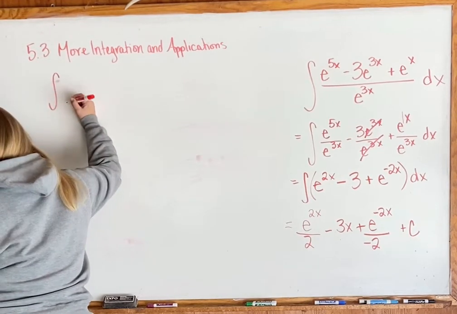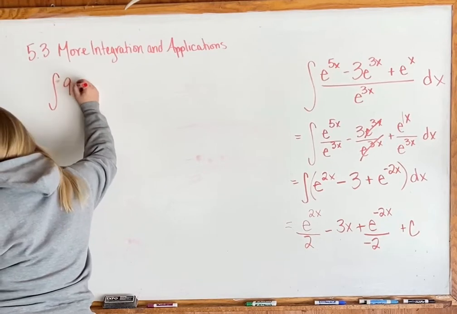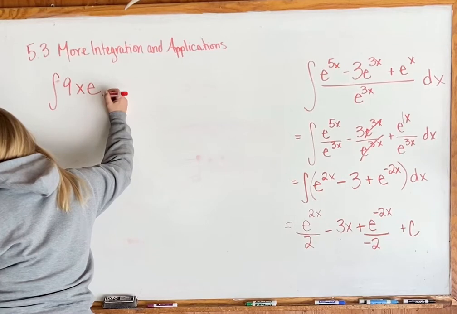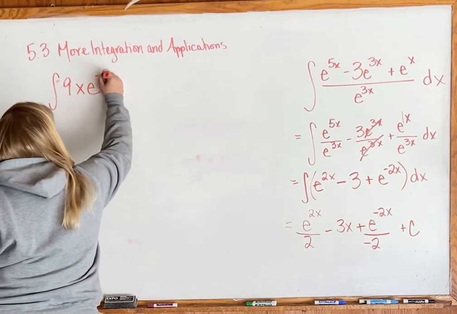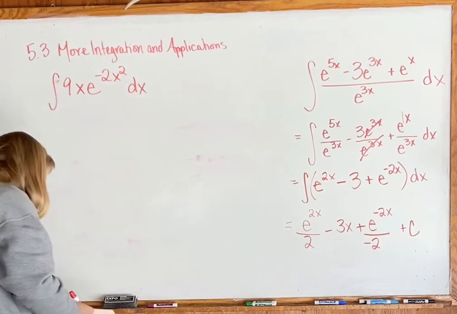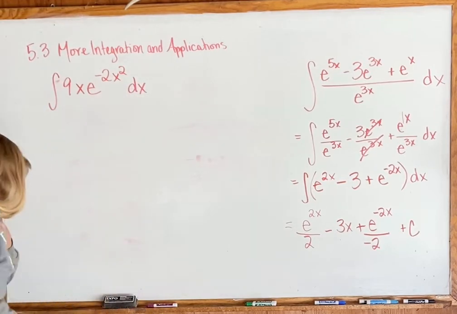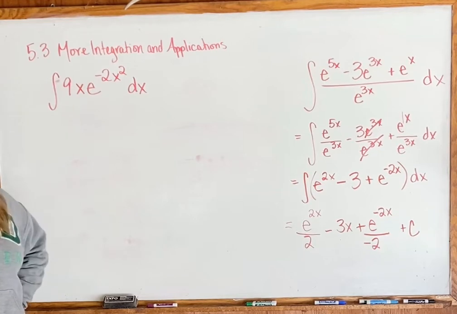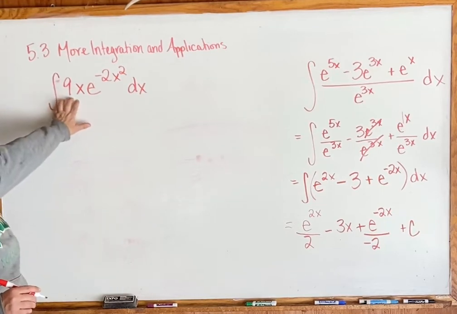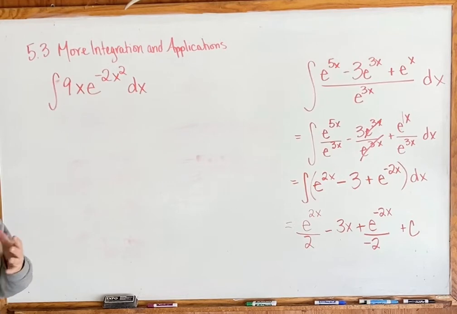The integral of 9x e to the negative 2x squared dx. So another one with the exponential function in it, another one that's a little bit on the ugly side. Definitely with this 9x out front, not something we want to just try to do without using a substitution.